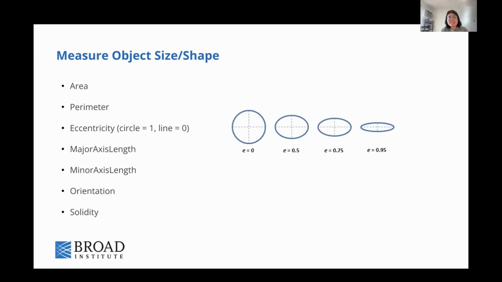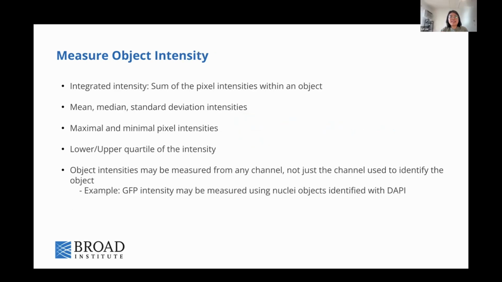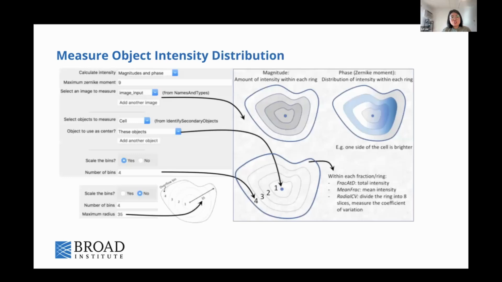Besides object size and shape, you also get the intensity information, and you can get the mean, median, and standard deviation intensities of the whole objects. And not only the intensity number, you can also get the intensity distribution of a certain object.